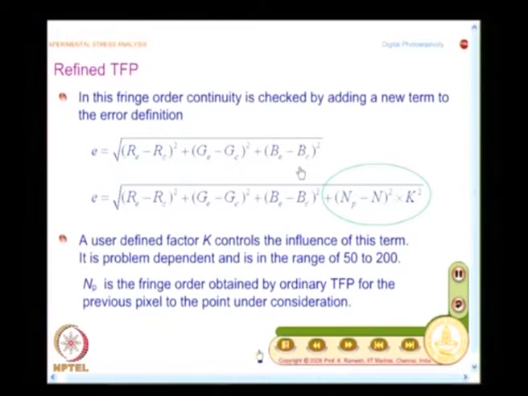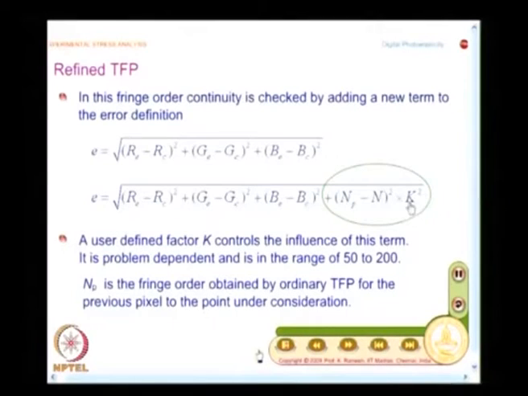In the refined TFP, I have an additional term where P is the neighborhood fringe order, and I bring in a fringe order continuity term in my error identification, because we have seen that only looking at color there could be error, and we need to bring in fringe order continuity.